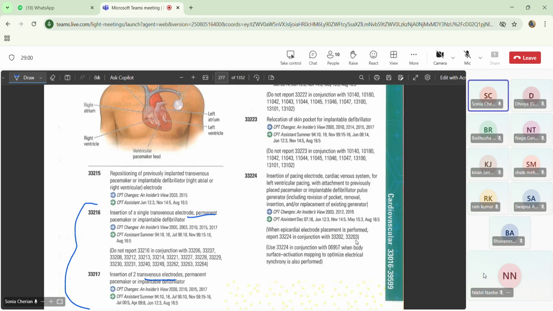So if there are three electrodes placed in the right atrium, right ventricle, and left ventricle, it means that this is a multiple lead system. If it is just two, right atrium and right ventricle, then it is a dual lead system. So that is one thing you need to be aware of.